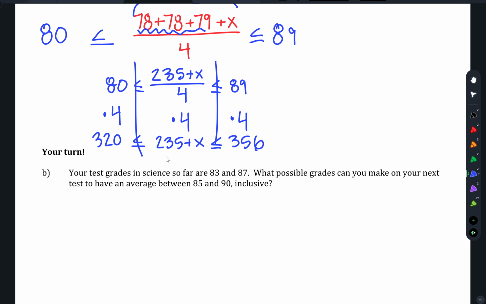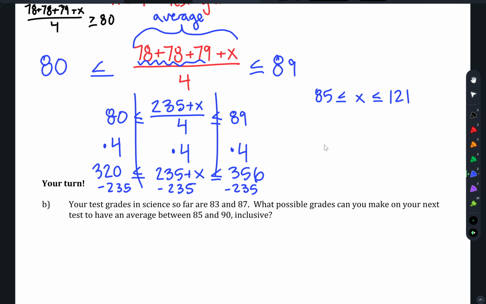I'm going to run out of room here, but then I'm going to subtract my 235. So I get 85 is less than or equal to X is less than or equal to 121.